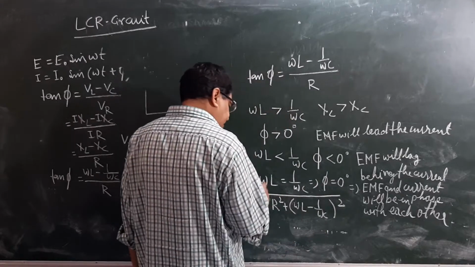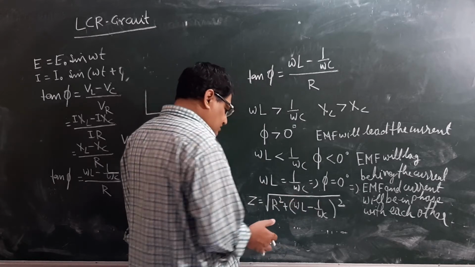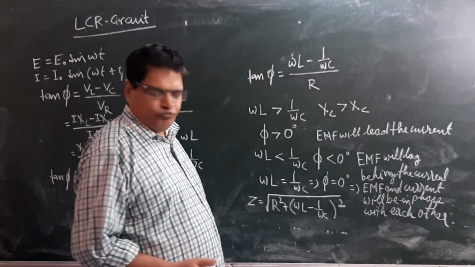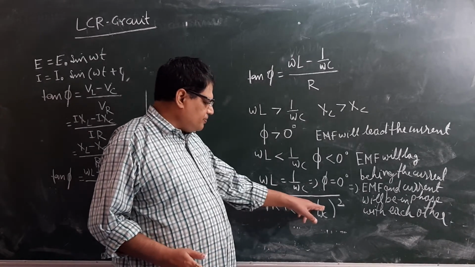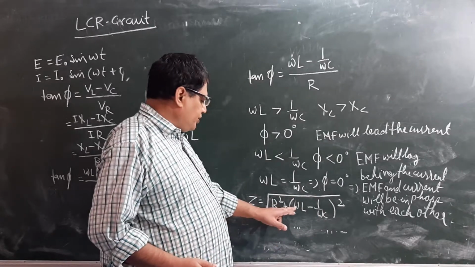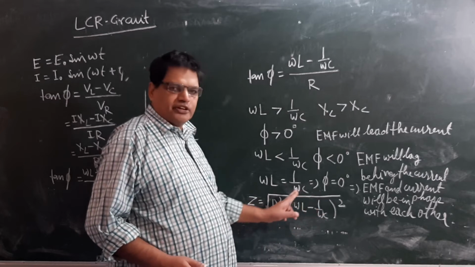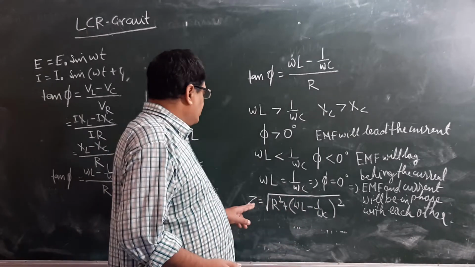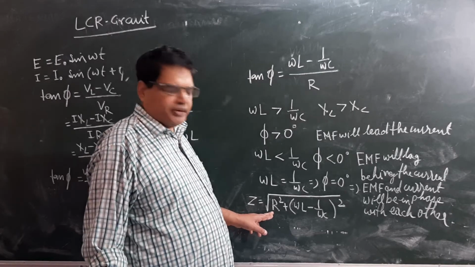Now if omega L is equal to 1 by omega C, then omega L minus 1 by omega C will be 0. Otherwise, in all cases it will become a positive quantity because it is a perfect square. So if omega L is equal to 1 by omega C, the expression inside the bracket will become equal to 0. In that case, the impedance will be equal to the resistance, and the impedance will be minimum.